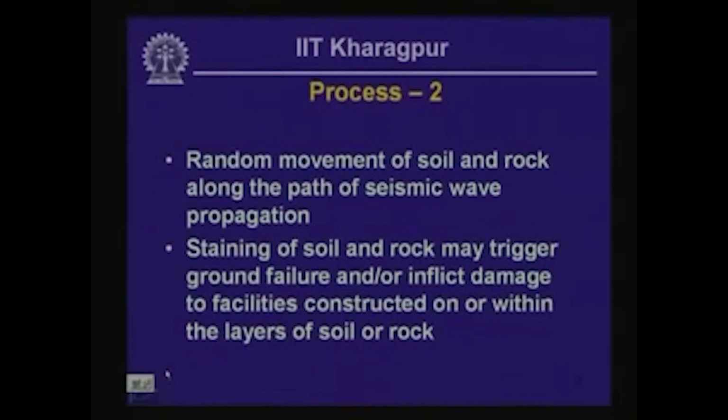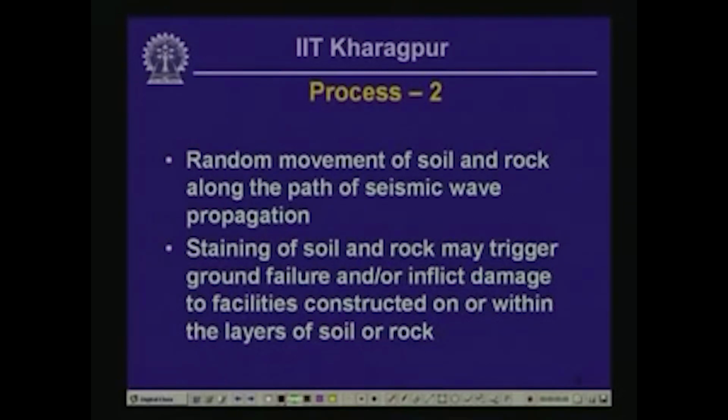And when a stress wave propagates from one location to the other, then random movement of soil and rock is going to occur along the path of the seismic wave propagation, and straining of soil and rock is going to trigger ground failure, or it could inflict damage to facilities constructed on or within the layers of soil or rock.